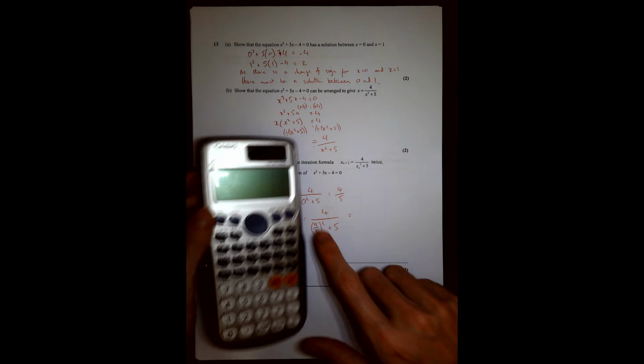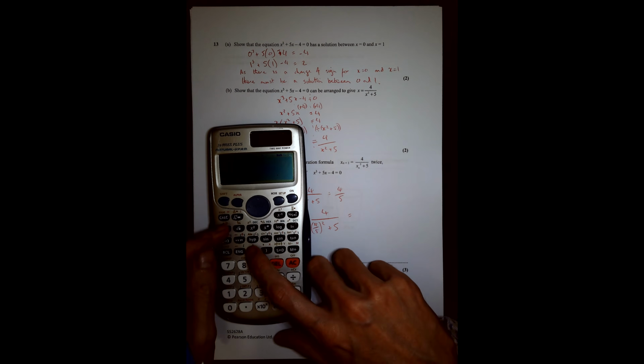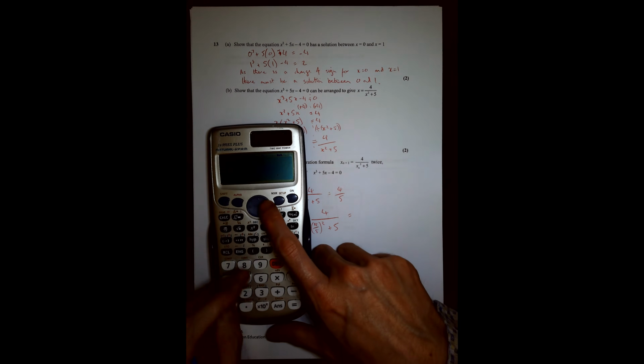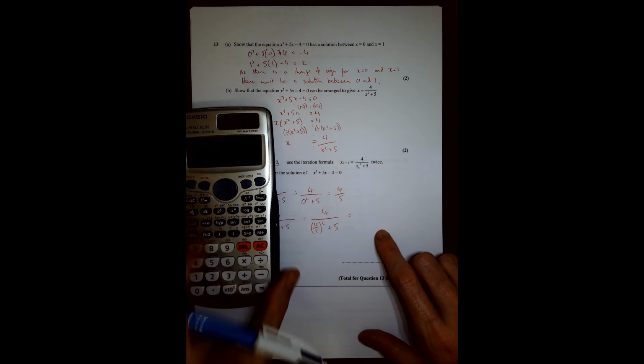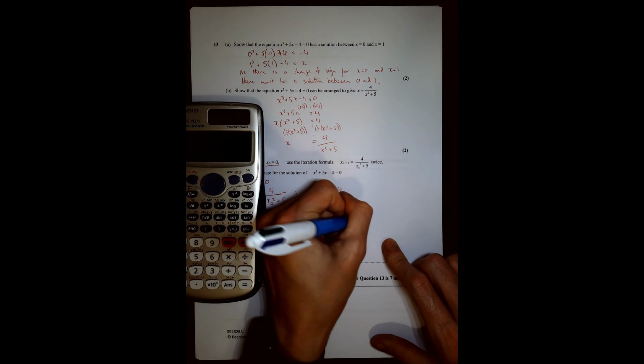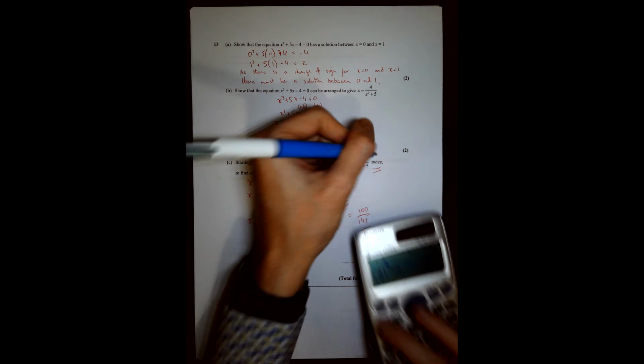So we're going to plug this into our calculator. I wouldn't expect us to do that in our heads, especially on a calculator paper. 4 over (4/5) squared plus 5 is equal to 100 over 141. So there are two answers. All we need to do is do it twice.